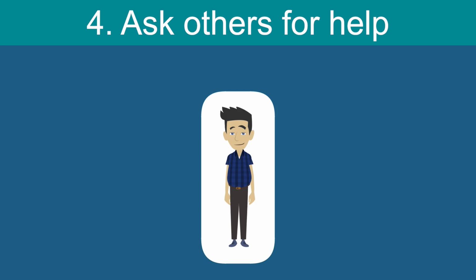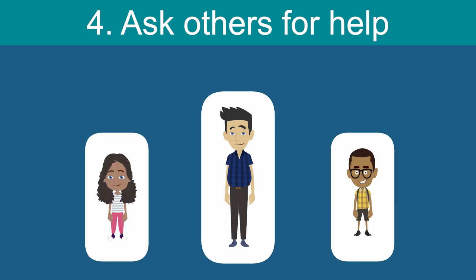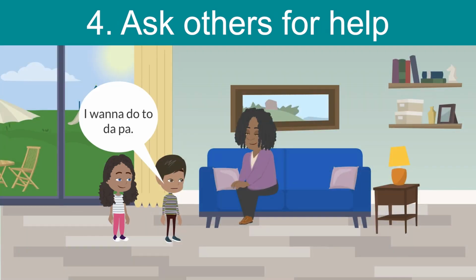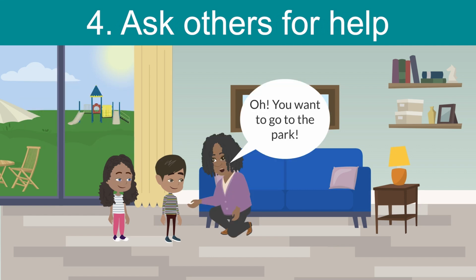Sometimes other caregivers, peers, or siblings have an easier time understanding your child's speech. It's okay to ask others to help you understand your child. If you do this, make sure the helper allows your child to continue to talk and share what they're trying to say.